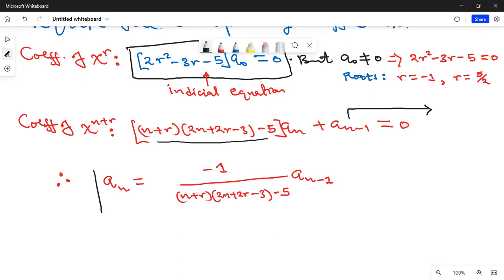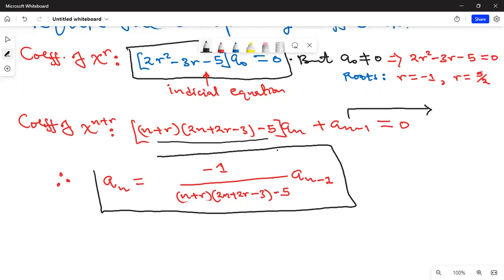So what we get here is another relation, what we are calling the recurrence relation. So let me bracket it and then I comment on it. This is called a recurrence relation. This will help you find the series coefficients.